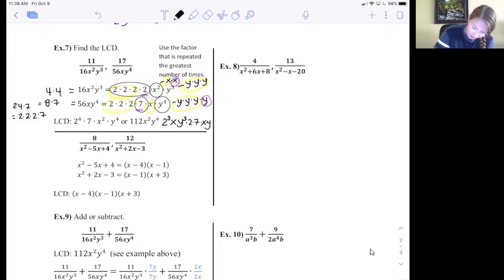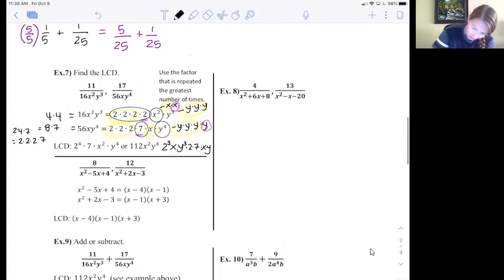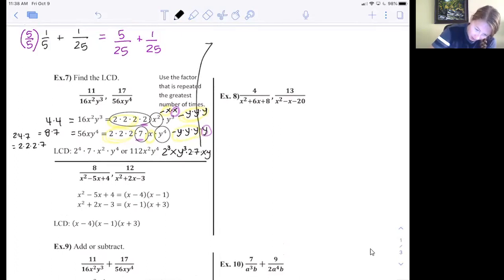So now I'm running out of room. I'm going to rewrite this up here. So now I can rewrite it. I would do 2 cubed. So that'd be 2 times 2 times 2 times 2 times 7, which gives me 112.